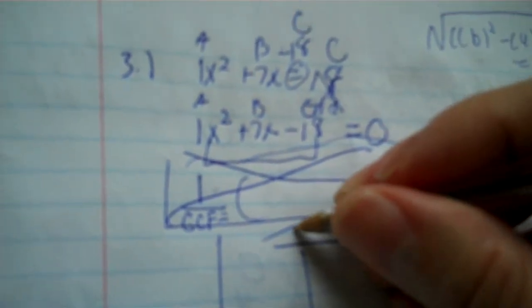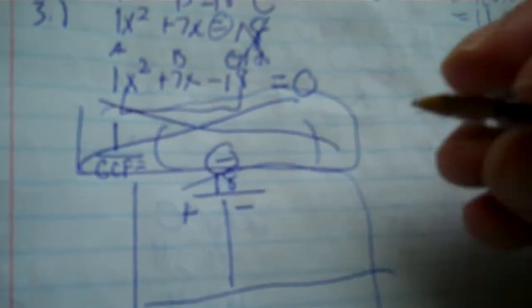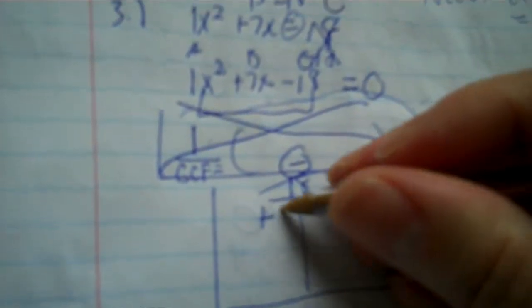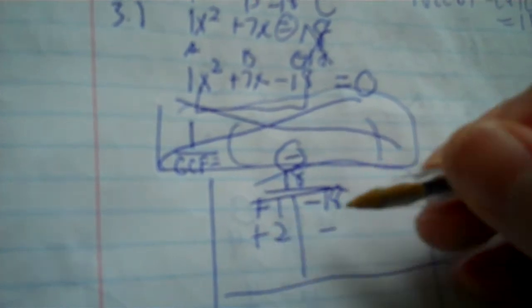But then I take my A times C. 1 times -18 is -18. So if it's negative, that's a positive times a negative, and the two factors have to add to positive 7. 1 and 18, no. Divide by 2, you get 9.